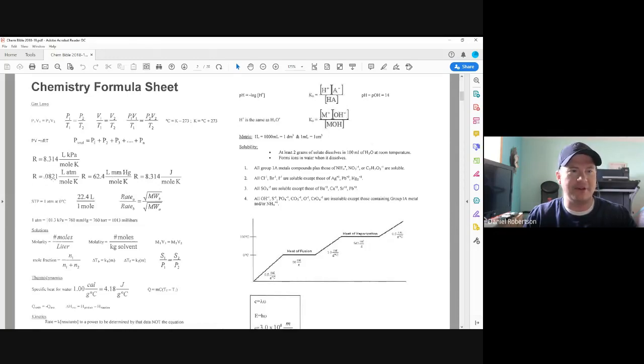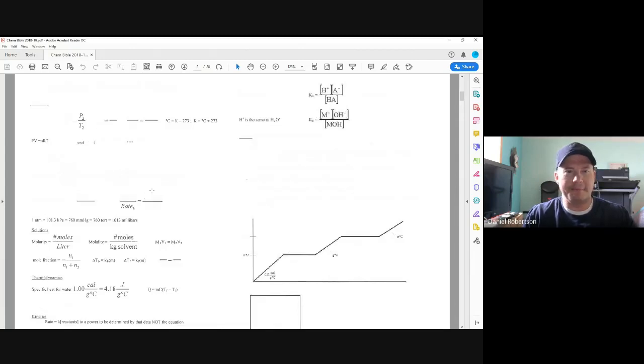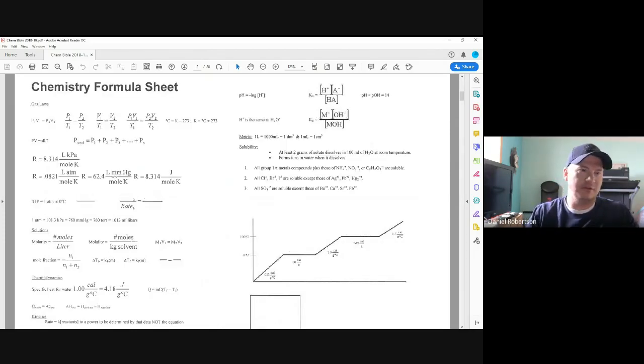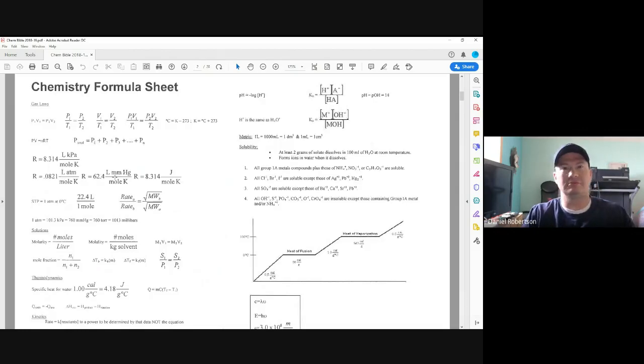So the reason why different numbers are here is only because the unit of pressure that you're supposed to be using is going to be different. So if you aren't given a specific pressure, it just says what would the pressure be, then you have the option at that point to use whichever one you want. You can use any of those R values.